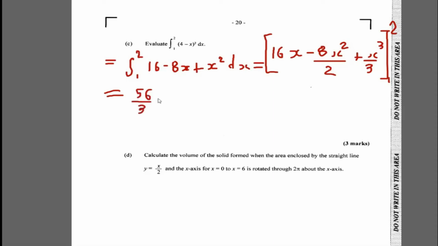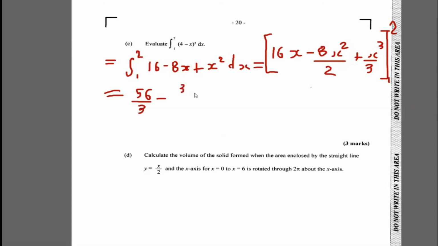Minus, when you plug in 1 now, you're going to get 16 times 1 minus 4 times 1 squared plus 1 over 3. And I'm subtracting, that looks like 37 over 3.